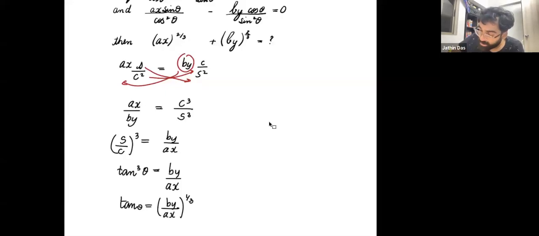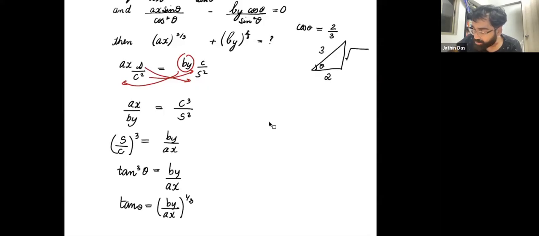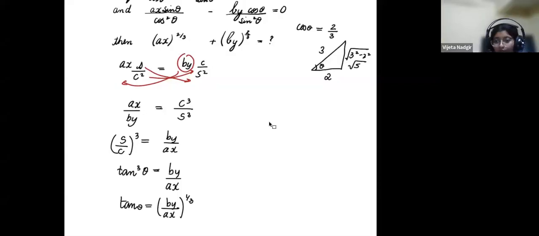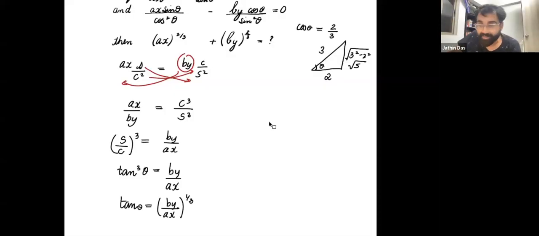Now, if you remember in lower standards, like 9th and 10th, if I give you the value cos theta is 2 by 3, from that you can find the remaining 5 trigonometric ratios. How did you used to do it? You take theta, write adjacent side, hypotenuse, and then this is root of 3 square minus 2 square, which is root 5. Remember? Then you could get sine, tan, everything from here. The same logic you will apply here.